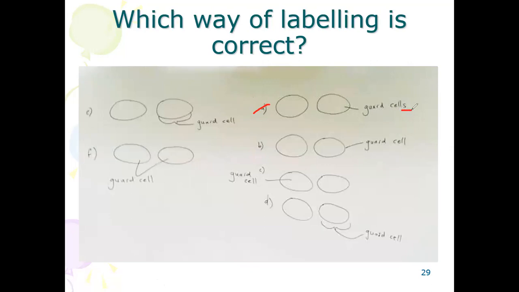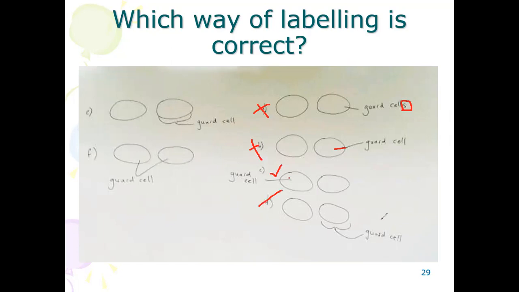Because there is one gut cell, how come the student labels gut cells? So A is wrong. B is correct. Okay, but it's best to point into the cell. B is wrong because the label line must point into the cell. C is correct. It's pointing into the cell.